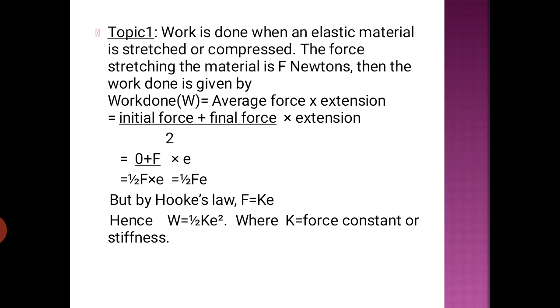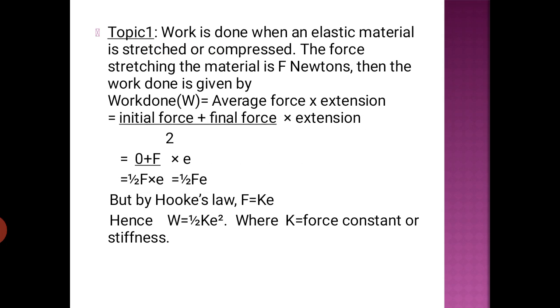But by Hooke's law, F equals KE. Because you remember we have treated Hooke's law in our last class. So by Hooke's law, F equals KE, hence work done, which we represent by letter capital W, equals half KE squared, where K equals force constant or stiffness.